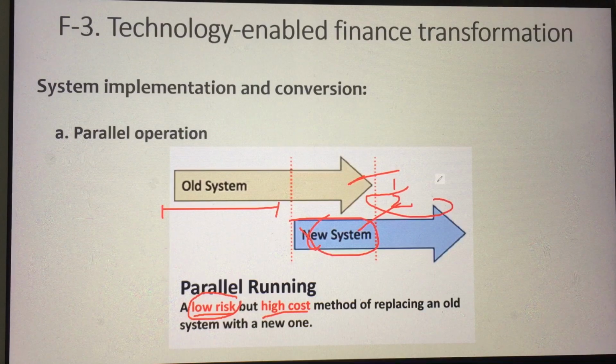Okay? So, that's what we call your parallel operation. You have your old system and you have your new system at some point in time running simultaneously. Okay? So, yan po yung parallel.